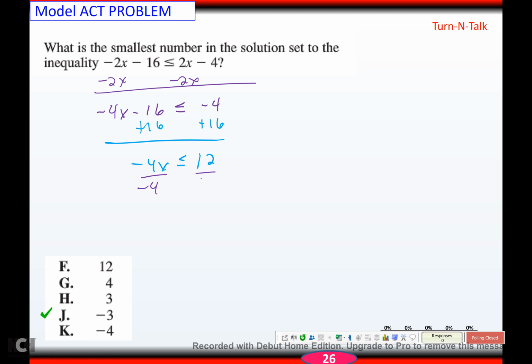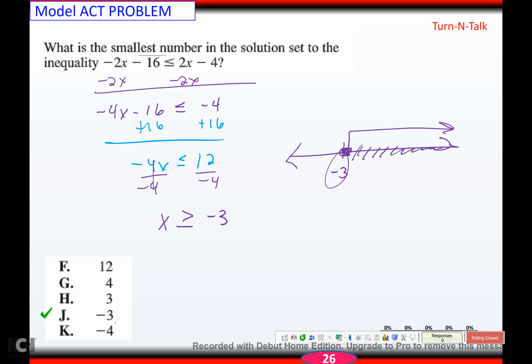Divide by negative 4, and that will flip my inequality. So what my solution is x is greater than or equal to negative 3. So anything in this section would be solutions. Well, they want to know what's the smallest number in the solution. Well, that's the leftmost number, which is negative 3.